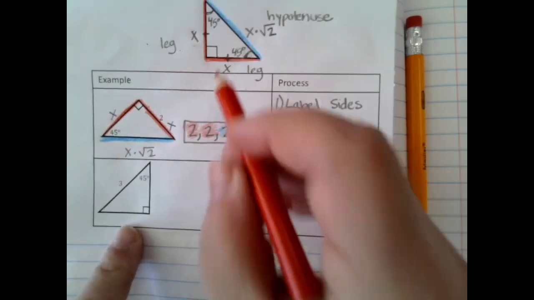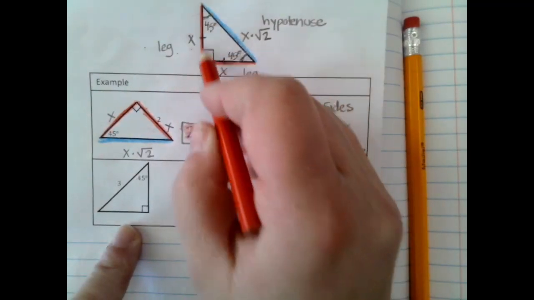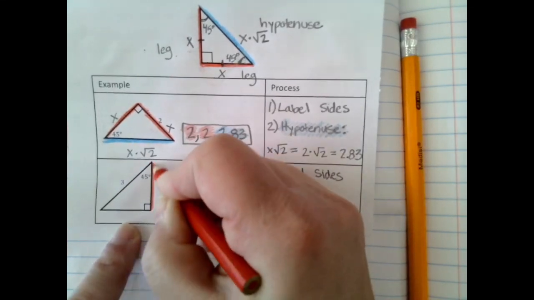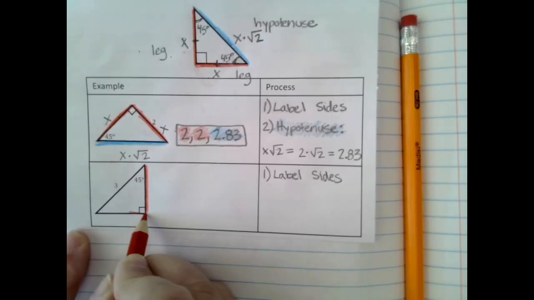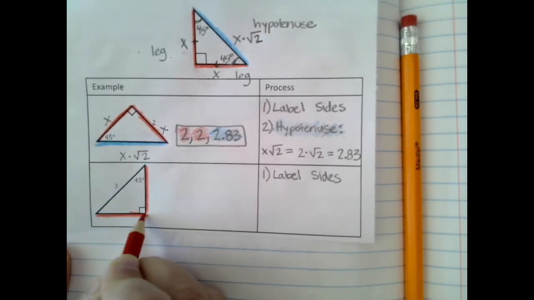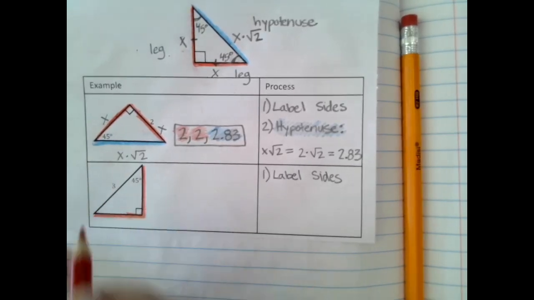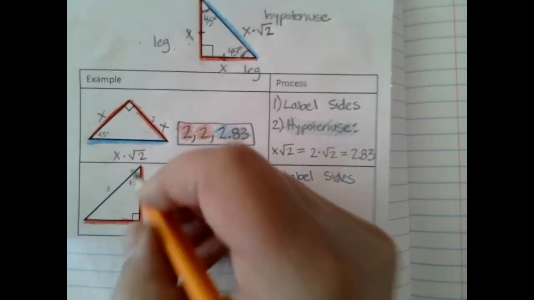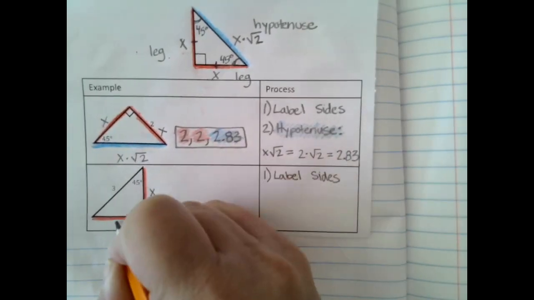All right, so for our sides, we have our legs. Our legs come together at the 90 degrees. So here we have our 90-degree angle. Okay, so that's our x and our x.